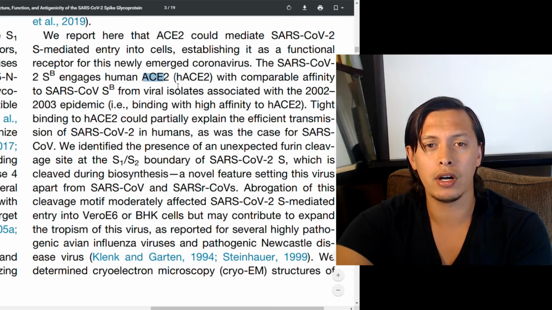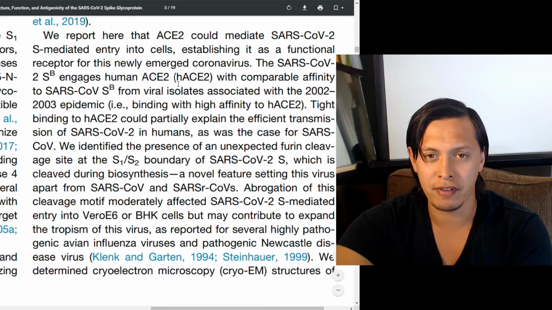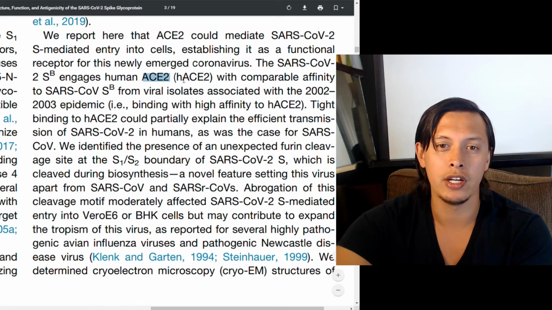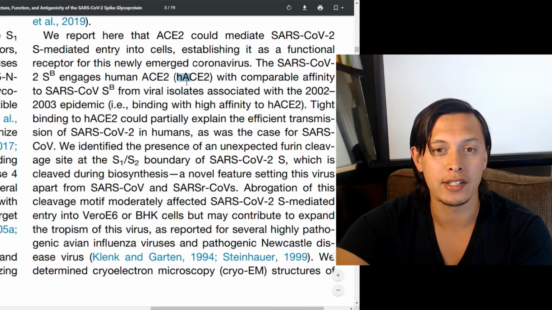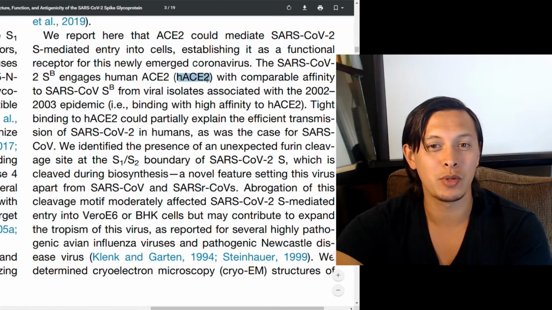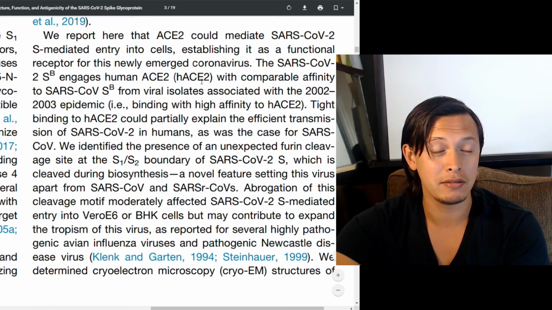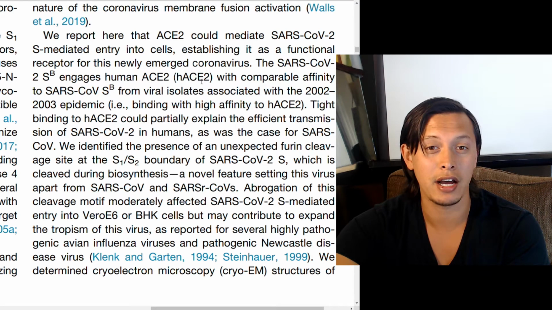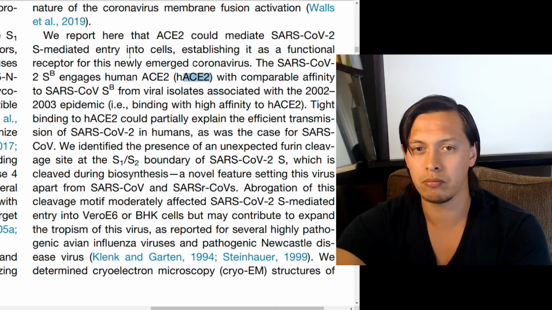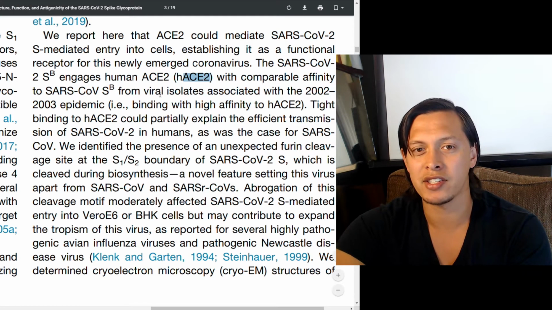So whenever we specify that this is the ACE2 receptor within humans, we denote it with a lowercase h. So hACE2 is just the human ACE2. And oftentimes we can find these receptors in completely different animals, but they might not necessarily be called ACE2. They might be called a metalloprotease or something random. They might not necessarily have this exact same name.